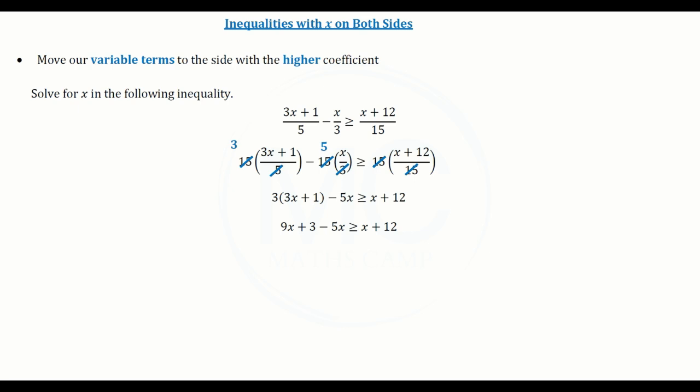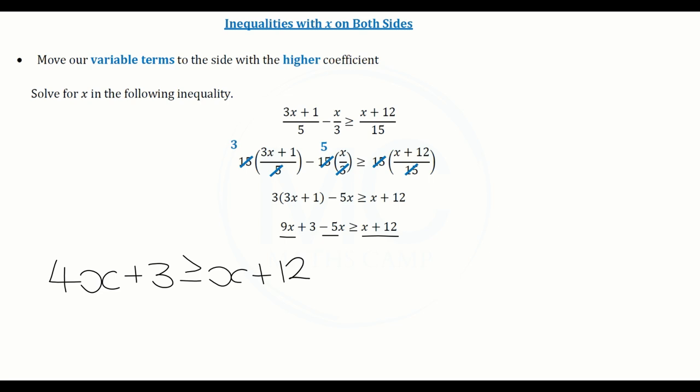On the right, we have x plus 12, but on the left, we have 9x minus 5x. So let's add our x terms. 9x minus 5x is 4x. I'm going to write it over here. Then we have plus 3 is greater than or equal to x plus 12.